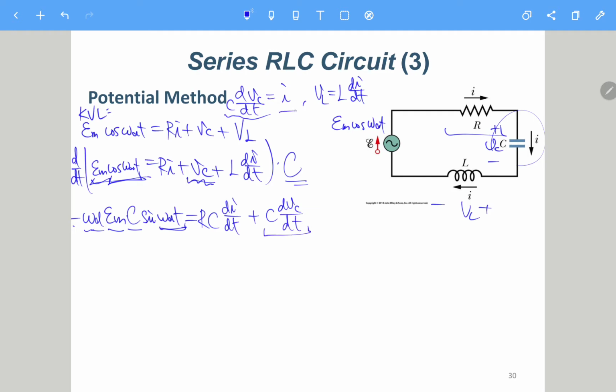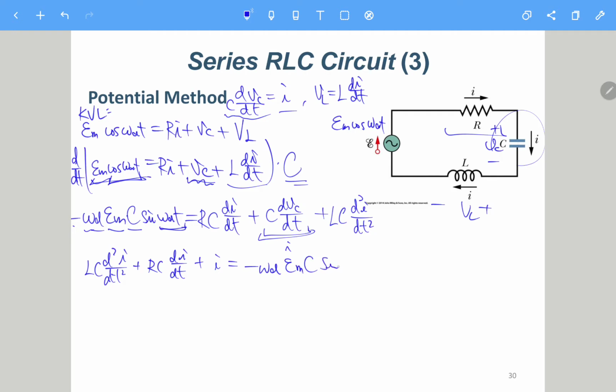So finally it turns out to be I, plus L second derivative of I multiplied by C. Okay, so here replacing this one by I, we have LC d2I dt2 plus RC di dt plus I equals negative omega d Em C sine omega d t.